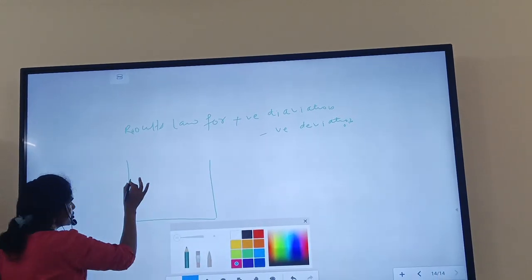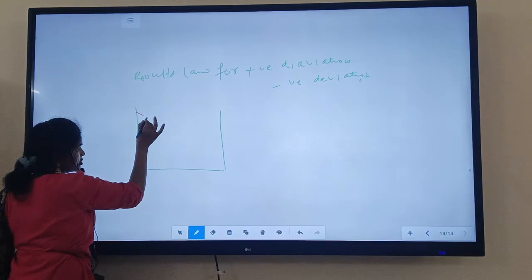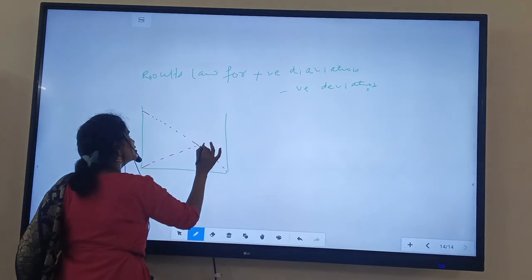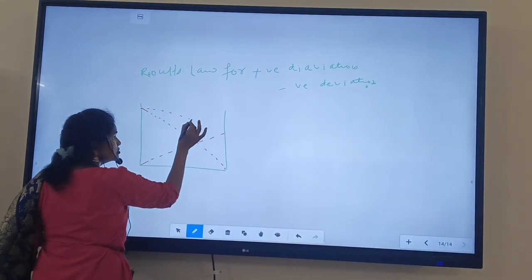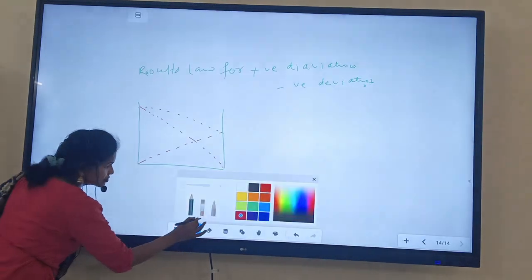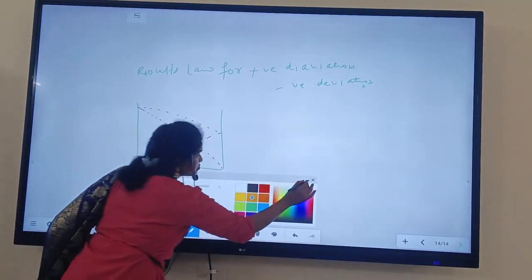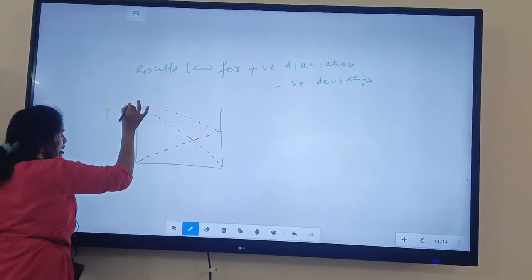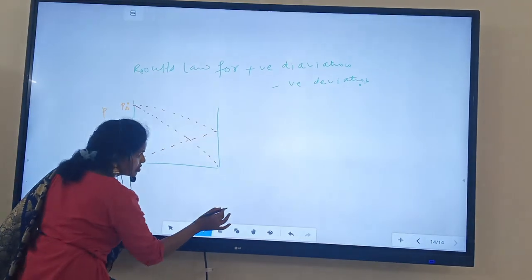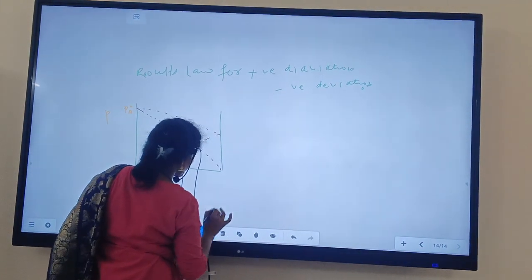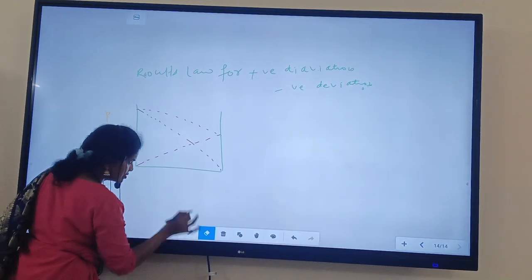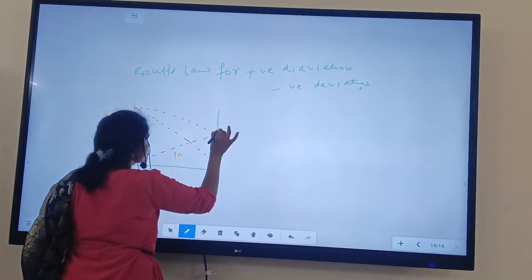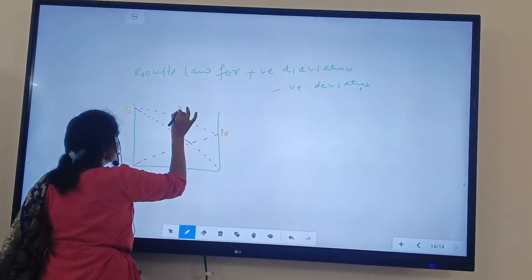When PA, right here, this was the ideal solution. Here we will write the ratio PA naught. Okay, PA, this one is PA and this one is PB.